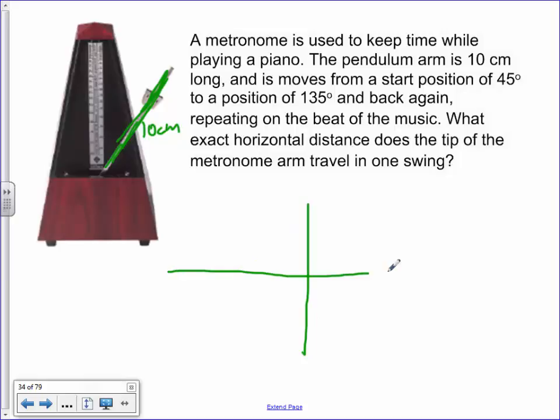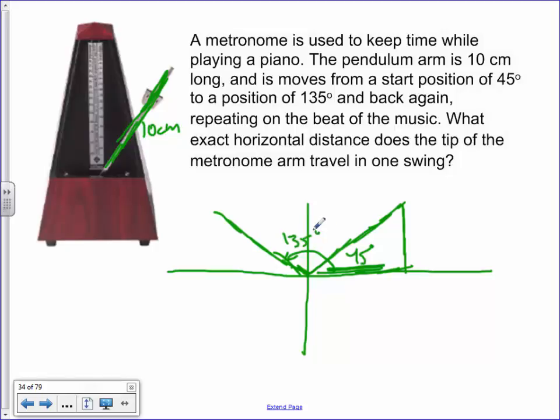So if I were to sketch that, 45 degrees would be in this quadrant right here. And then the pendulum swings all the way to the other quadrant, and it goes to 135. So the pendulum goes tick tock, back and forth like that, right?